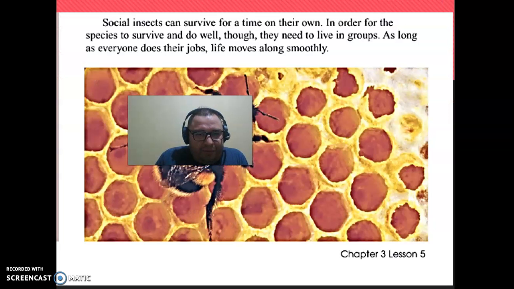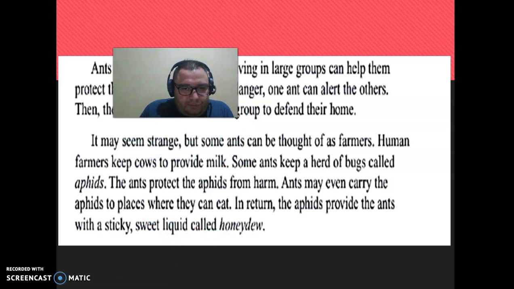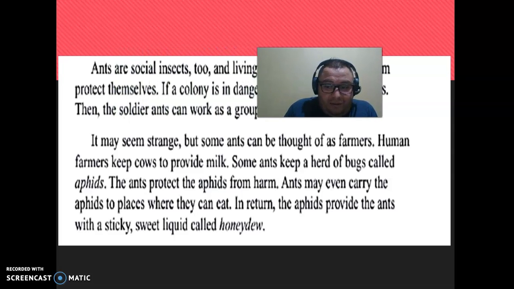In this part you're going to read that they take care of the aphids, and the aphids are like baby ants. So the farmer ant is very similar to the farmers. They are compared with the farmers. Obviously, they have the same activities, or responsibilities.